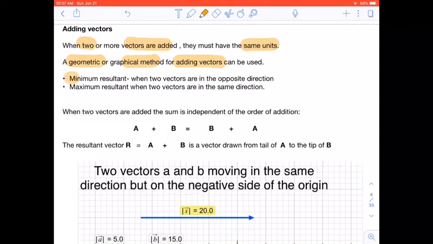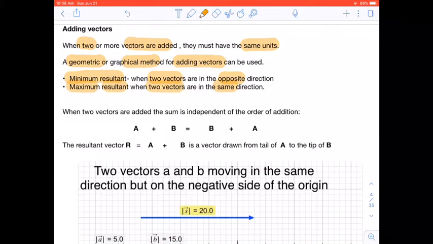A minimum resultant is obtained when two vectors are in opposite direction, and a maximum resultant is obtained when two vectors are in the same direction.